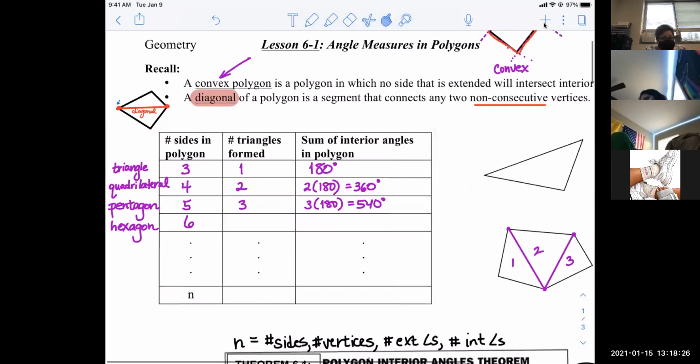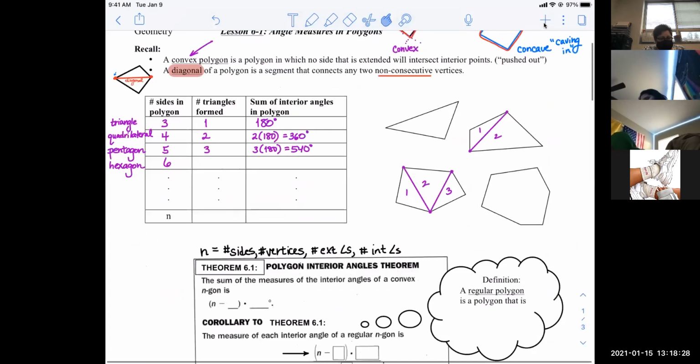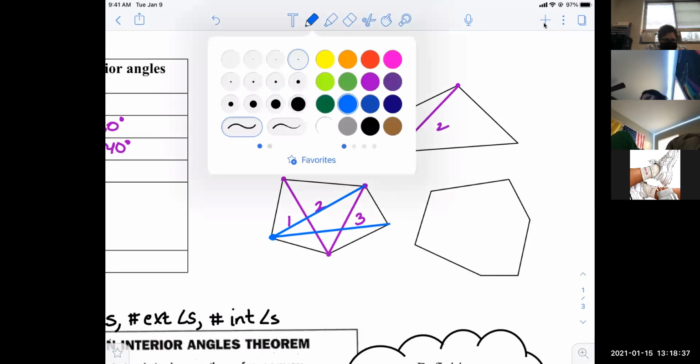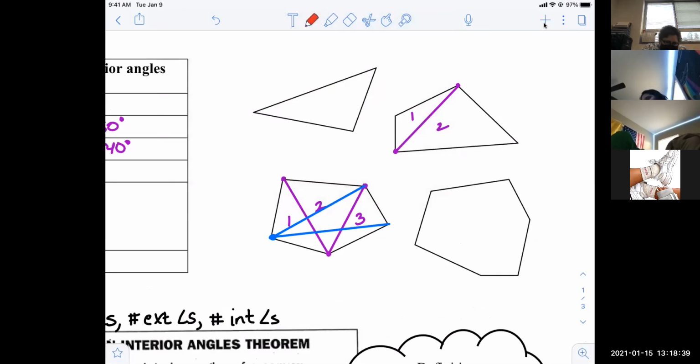If I wanted to draw all the diagonals, you would have to go to this vertex and draw in those diagonals, and then go to this one, that's already connected. This one is not connected to that one. I think I got all of them now, right? If you drew in all the diagonals, that would make it more complicated looking. I'm just trying to cut it down into triangles. That was what Kara asked: why didn't I draw all of them? I'm just trying to think about splitting it into triangles.